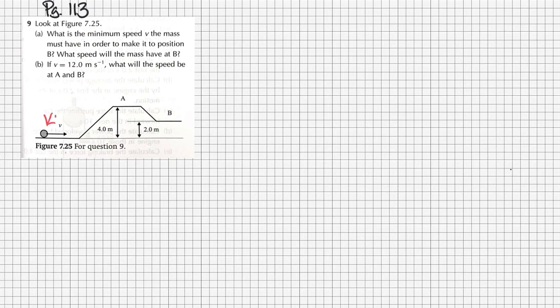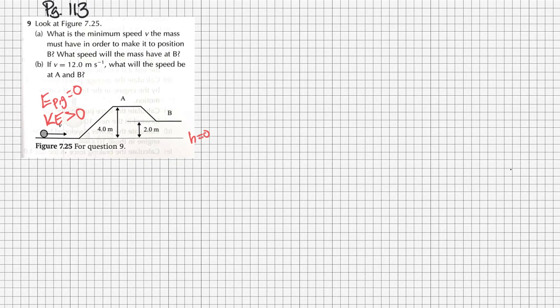Initially, what we're going to have here is all kinetic energy. So that's going to be greater than 0. And then our gravitational potential energy here would be 0, and that's because I'm going to say this is a height of 0 down at the bottom. And then there's no spring throughout this, so there's going to be no spring energy.